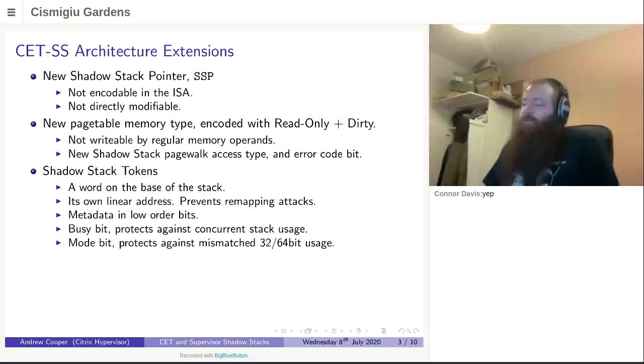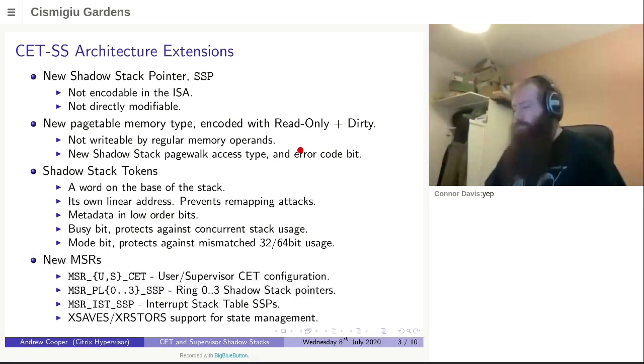Shadow stacks have to be 4 or 8 byte aligned because they're stacks, which means you've got some metadata in the low order bits. Some have a busy bit in them to prevent 2 CPUs using the same stack at once. Also important for far calls and returns is encoding the 32 or 64 bitness of your application, so you don't confuse one type of shadow stack for another.